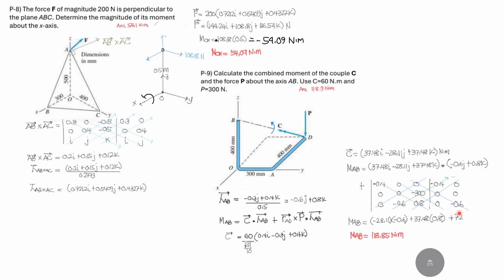We copy the elements of the first two columns, then we multiply corresponding products. For the couple, that is negative 28.11 times negative 0.6 plus 37.48 times 0.8. Then the value here is 0, 0, 0, 0, 0. So only this diagonal product has value. That's negative direction and it is negative, so the result is positive. 0.6 times 300 times 0.4, and that is 72. Combining, it is 118.85 newton meters.